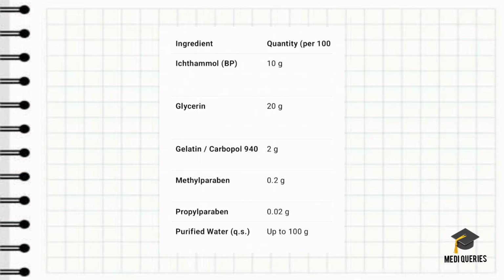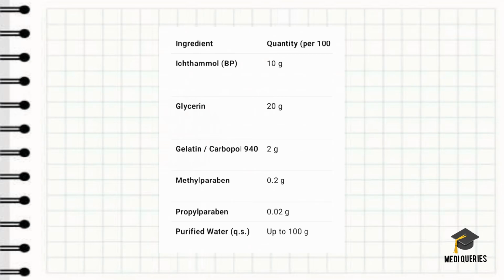The process involves dissolving the gelling agent in water under gentle heat and stirring, and then incorporating the ecthamol until a uniform dark brown jelly is obtained. The pH is often adjusted to mildly acidic or neutral for skin compatibility. This preparation is then packed in jars or tubes with proper labeling indicating external use only.